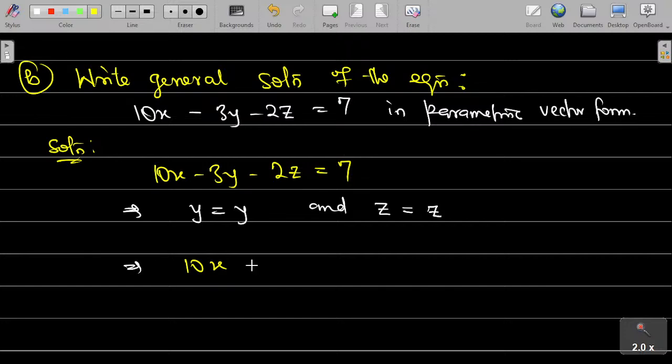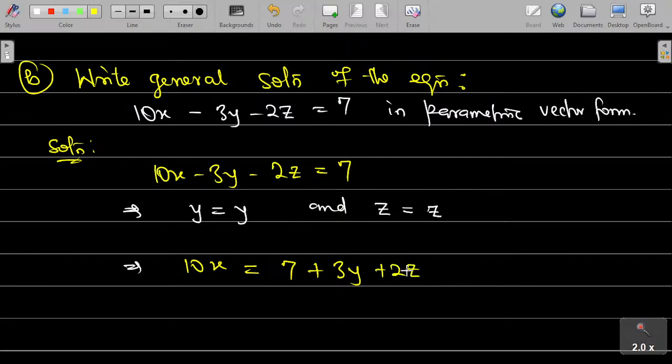So I'm going to have that 10x is equal to, remember we had 7 here, so we put our 7 plus 3y then plus 2z.